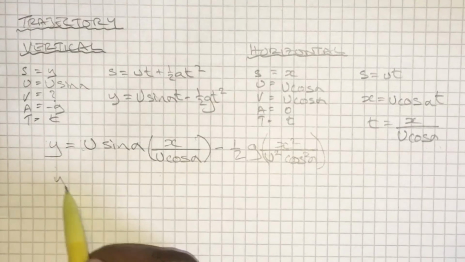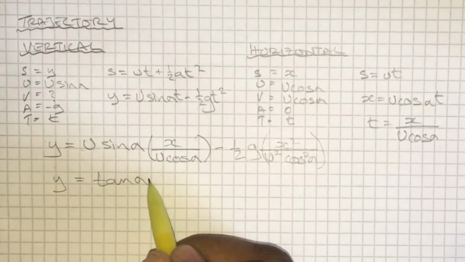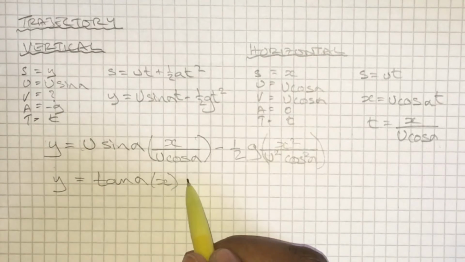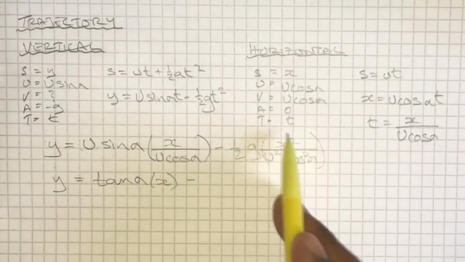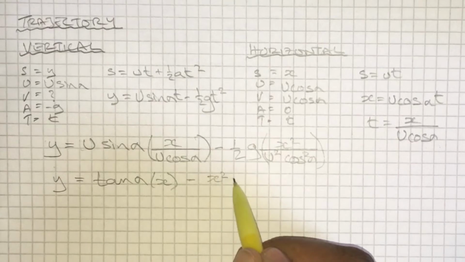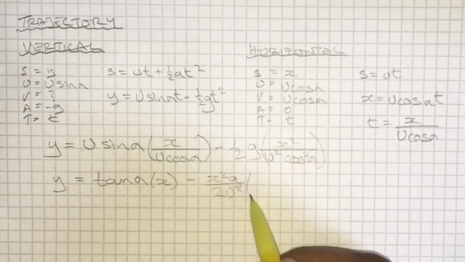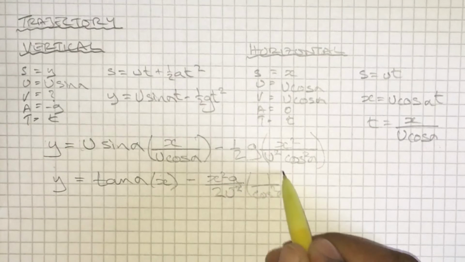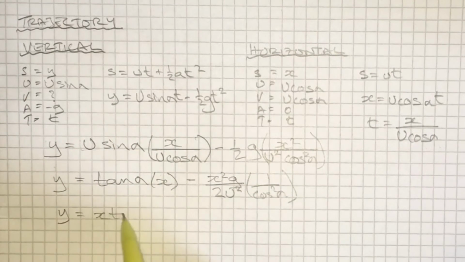We want to do some tidying up now so we can see exactly what's happening. U's will cancel, sine over cosine generates tan, and we've got a coefficient of x. I'm going to take all of these constant variables, well, I'll take the x squared as well, and write them separately to the trig expression, 1 over cosine squared. I hope we're all happy that that is going to be sec squared.